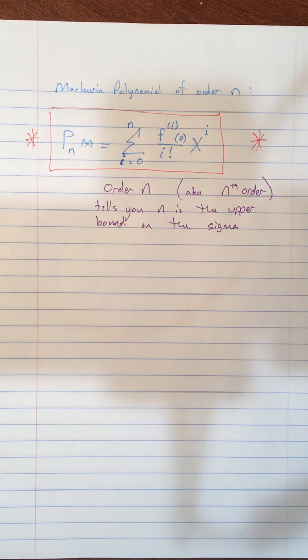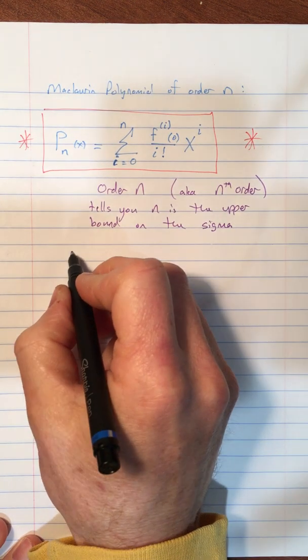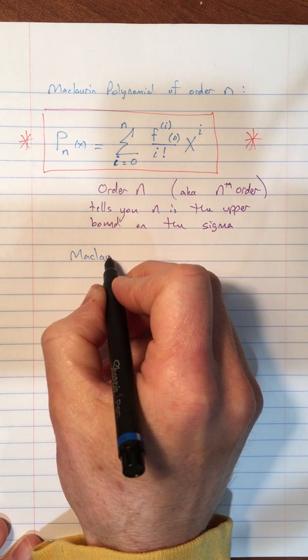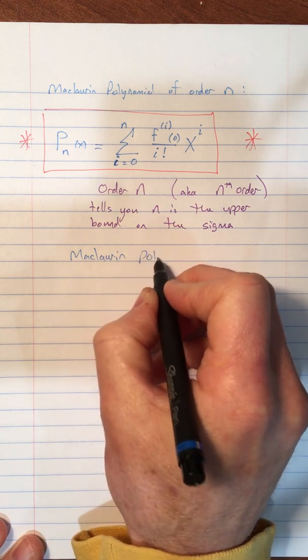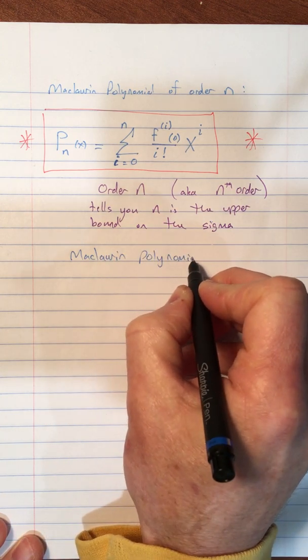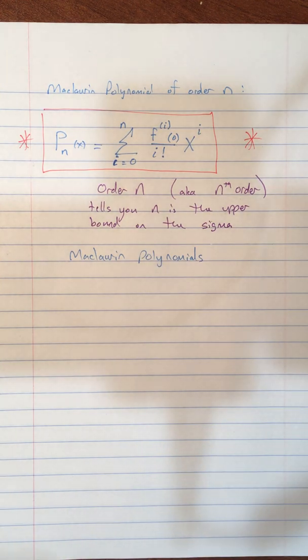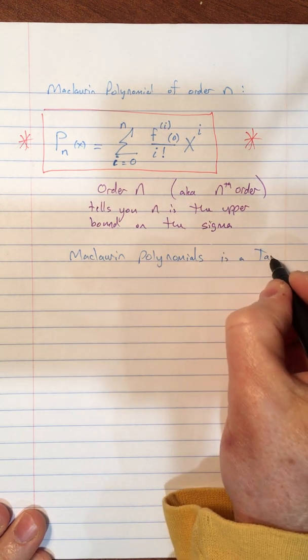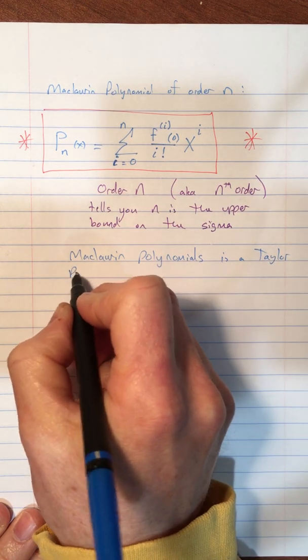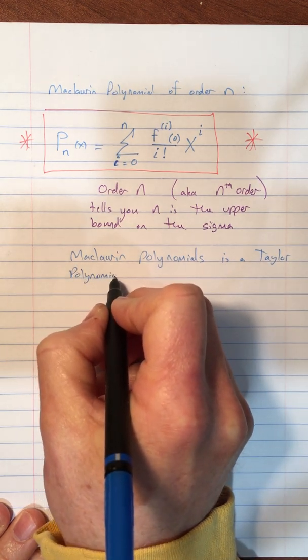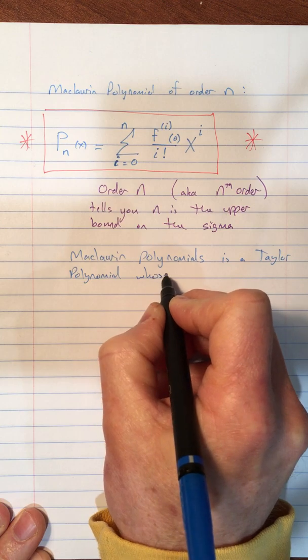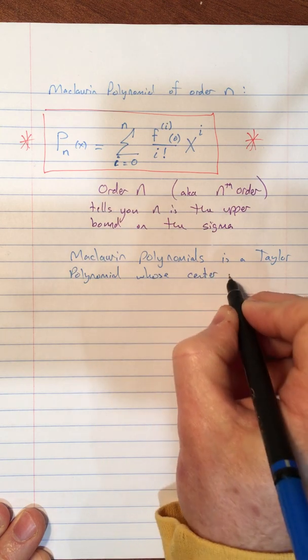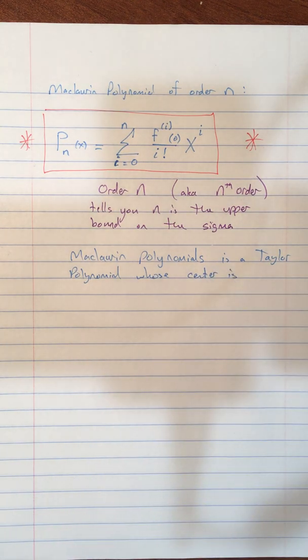Now, the Maclaurin part tells us where the center is. And where was the center on the problem we just did?